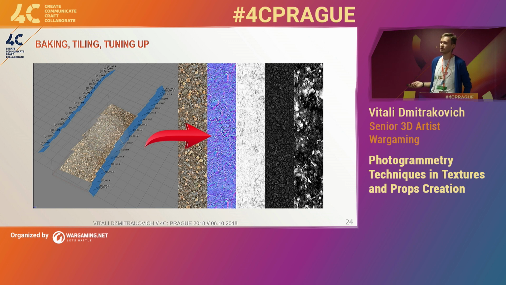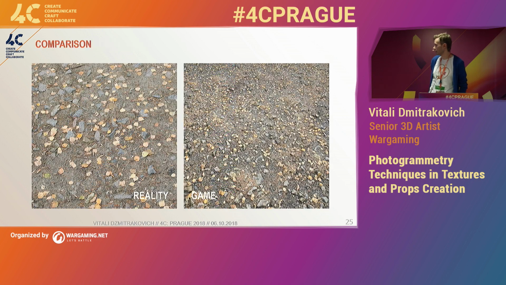The thing is that you need to tile 4 or 5 textures at once, and someone uses Substance Painter, someone uses Substance Designer. I personally prefer to use Photoshop to tile the textures.